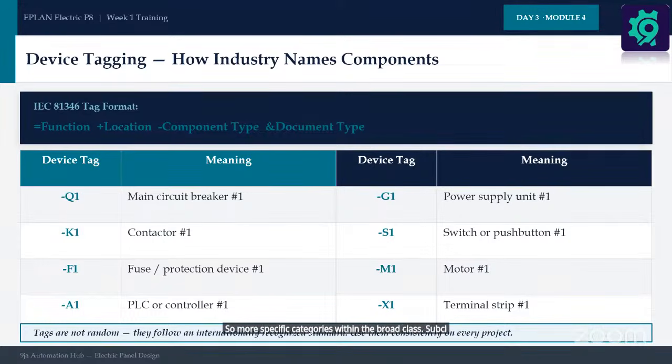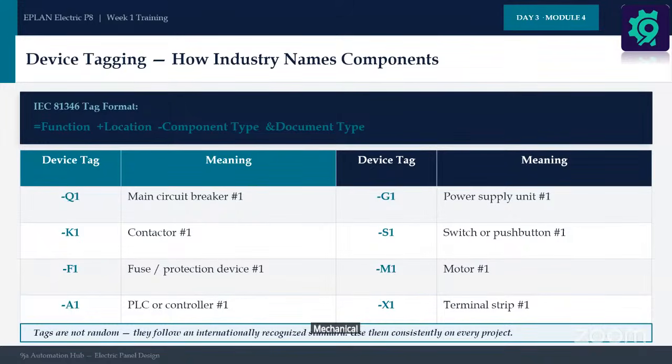Subclasses are identified by the class letter followed by a second letter. For example, within the class K, KM is the subclass for objects that are specifically performing mechanical switching of power.